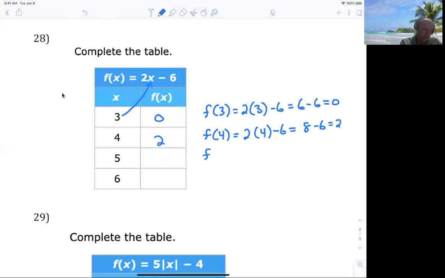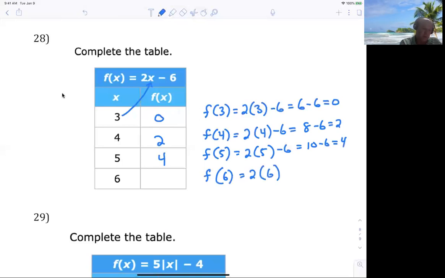F of 5, 2 times 5 minus 6, 10 minus 6, 4. And finally f of 6, 2 times 6 minus 6, 12 minus 6 is 6. So again, just plugging numbers in.